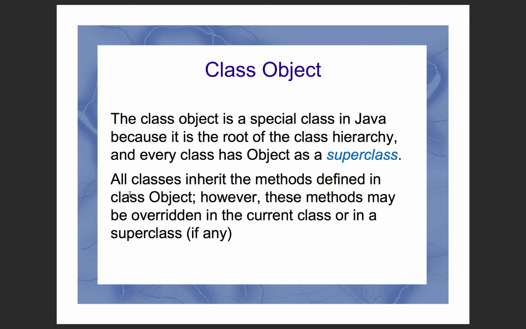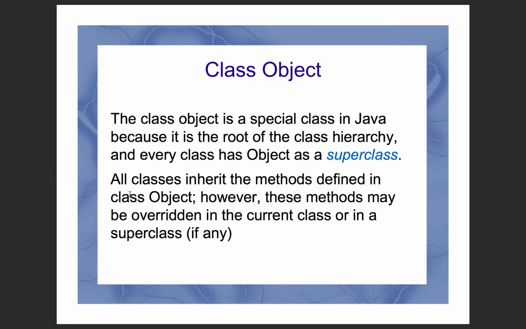Object is a built-in class in the Java library. So the Object class is the supermost class of all classes in the Java library. All other classes are subclasses of the Object class.